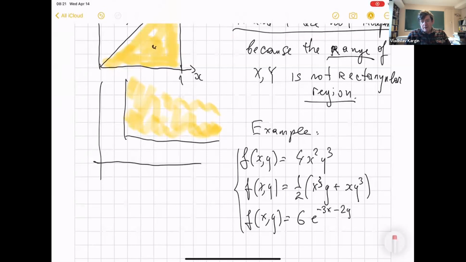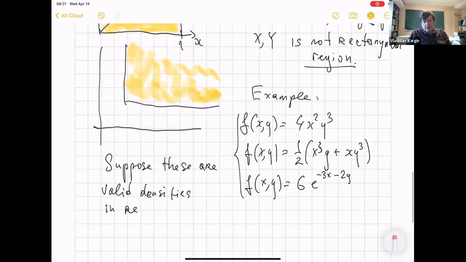Right? So suppose these are valid densities in rectangular regions.